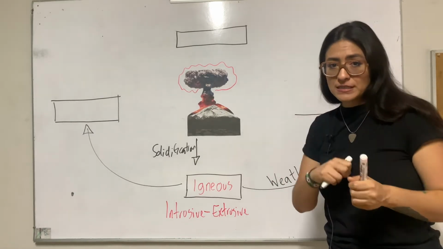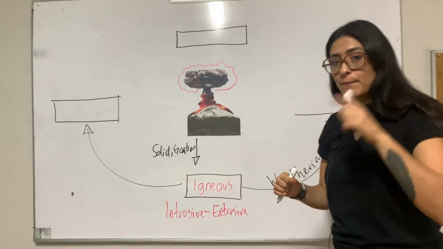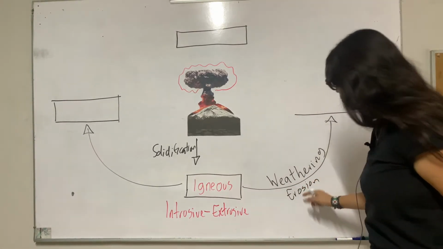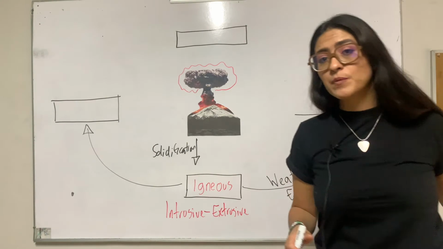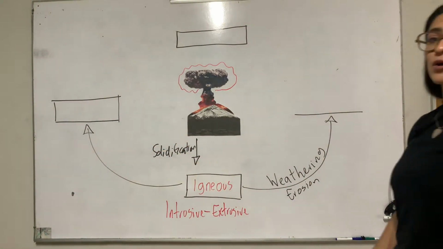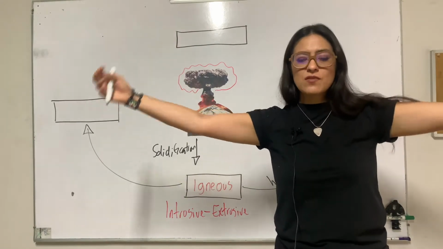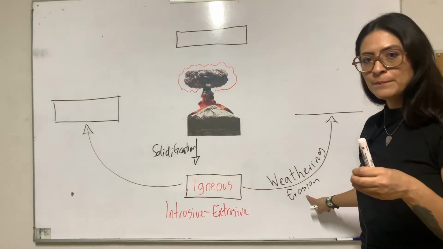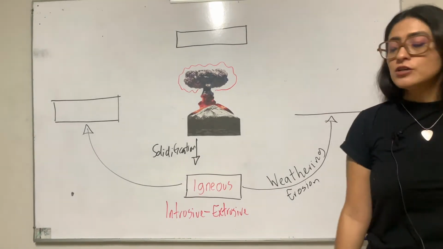And those little pieces are going to be moved by another process called erosion. Erosion is a dynamic process that moves little pieces of rocks. Weathering breaks down big pieces of rocks into smaller pieces that are moved by water and wind in the erosion process.